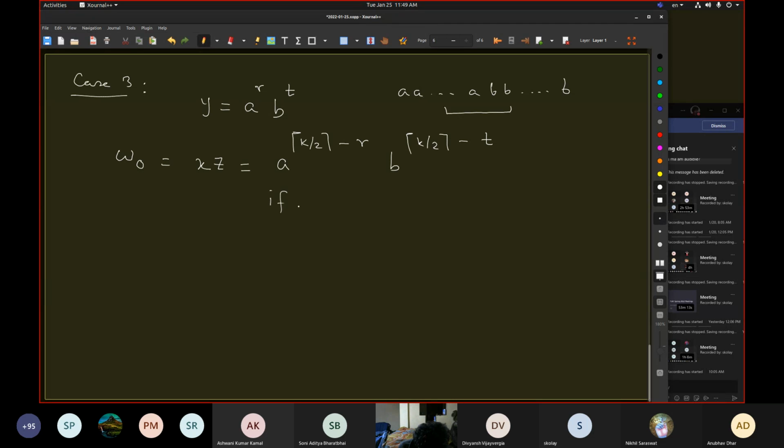So if R is equal to T, no contradiction. I have no control over R and T. Is it clear? It depends upon how the hypothetical DFA behaves. It may give R equal to T, and then I arrive at no contradiction.